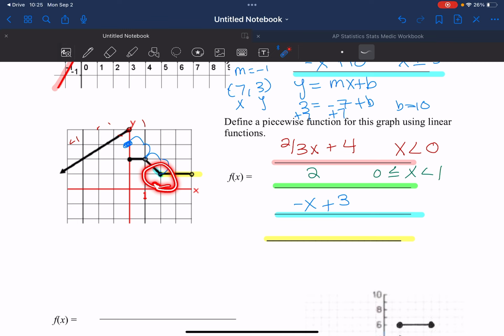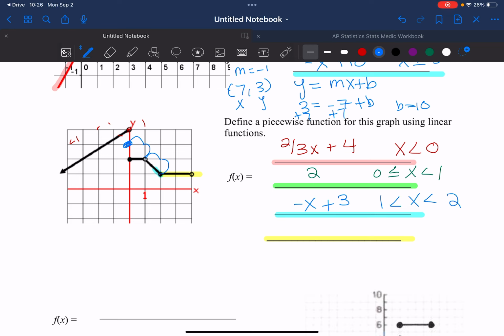So that means it could include the solid 2 from the yellow constant, or for this one. So I just have to keep that in mind when I'm deciding which one gets the less than and which one gets the less than or equal to. So for this, I'm just going to give them both the less than. So 1 less than x less than 2.